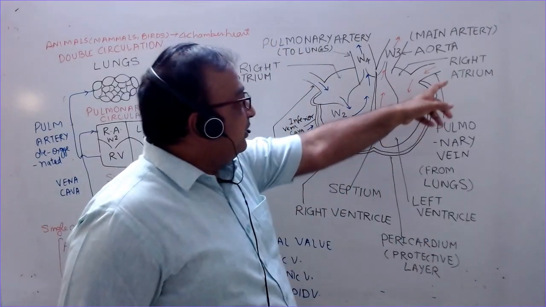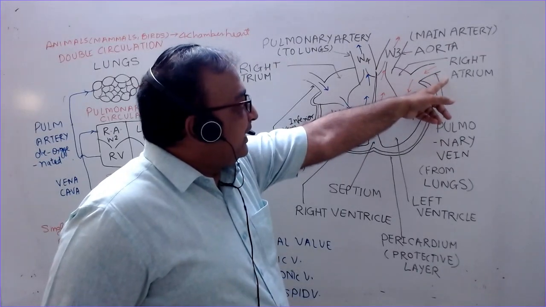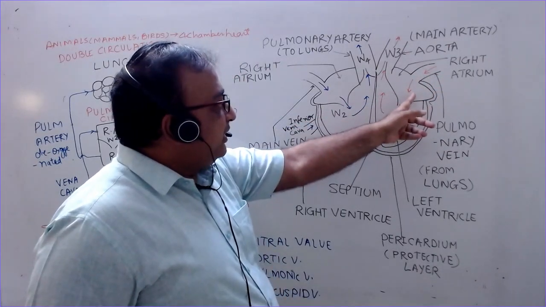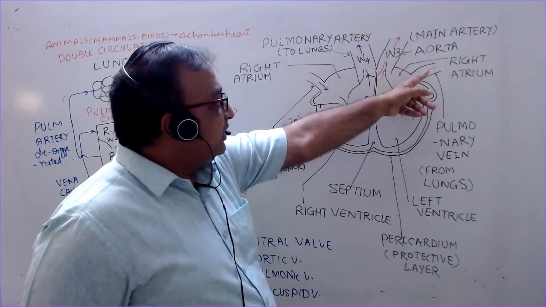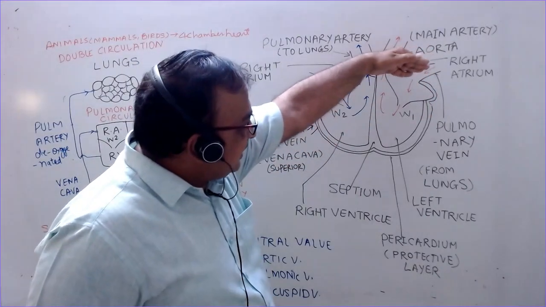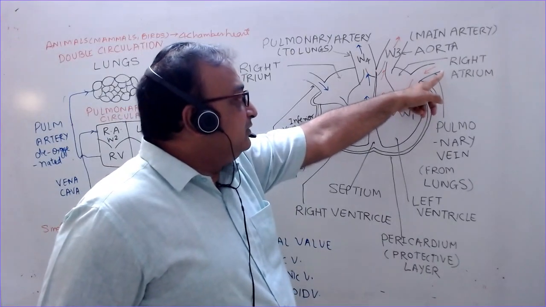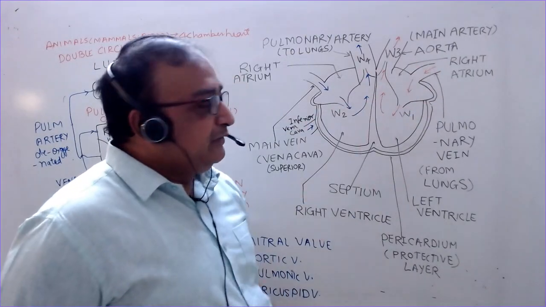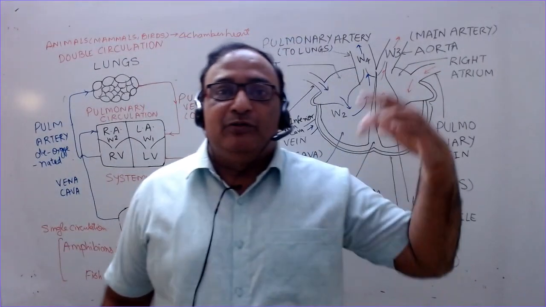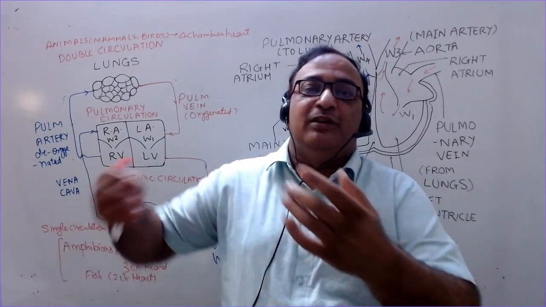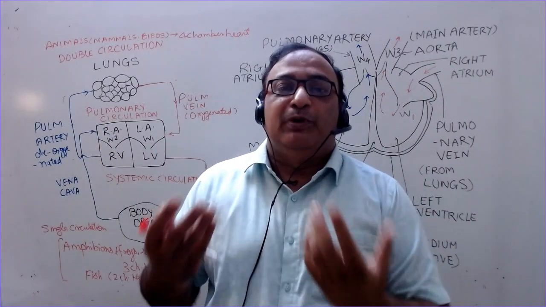Here we have this right atrium. The blood is entering the right atrium through this path. This is known as a vein, and we call this the pulmonary vein. Pulmonary means related to the lungs. The blood is coming from the lungs through the pulmonary vein.